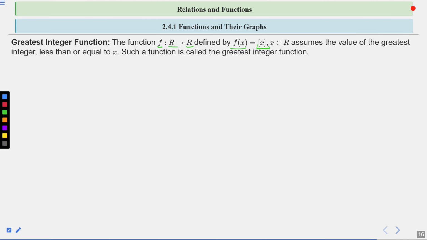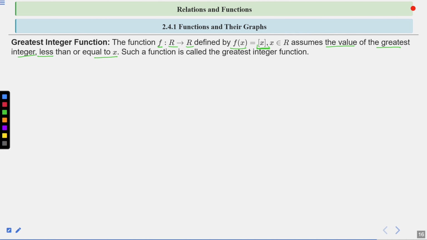How do we read it? Quite simple, greatest integer x. What it represents is that it assumes the value of the greatest integer less than or equal to x.